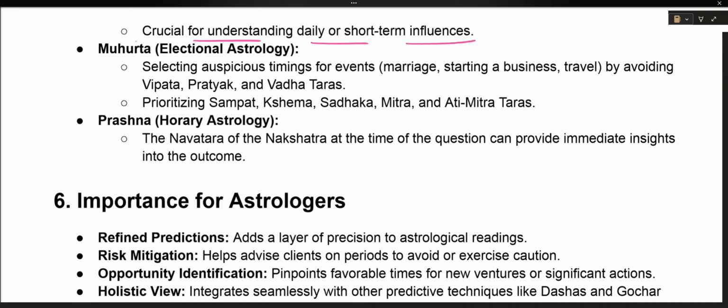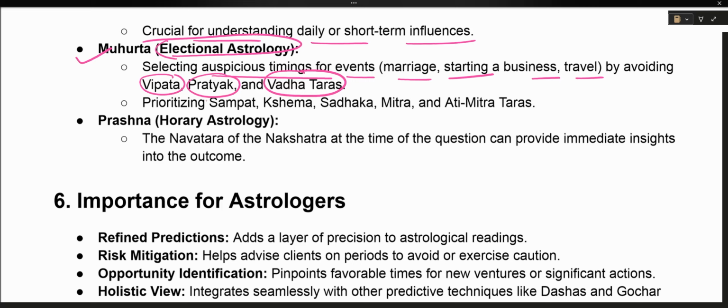Okay, so next we have the muhurta. In electional astrology, we can use this Navatara Paddhati for selecting auspicious times for events like marriages, starting a business or travel, avoiding Vipata, Pratyak or Pratyaritara and Badhatara. These three taras you have to avoid during the auspicious events of your life.